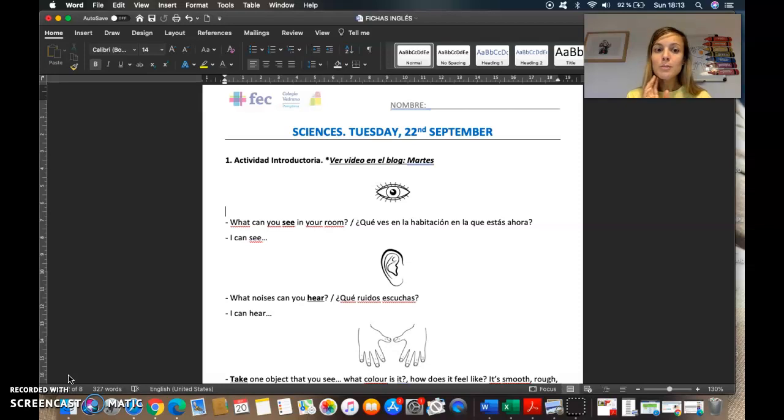First of all, please, we're going to look around. What can you see in your room? Now, at this moment, I am in the living room. What does living room mean in Spanish? Cuarto de estar. Estoy en el cuarto de estar.